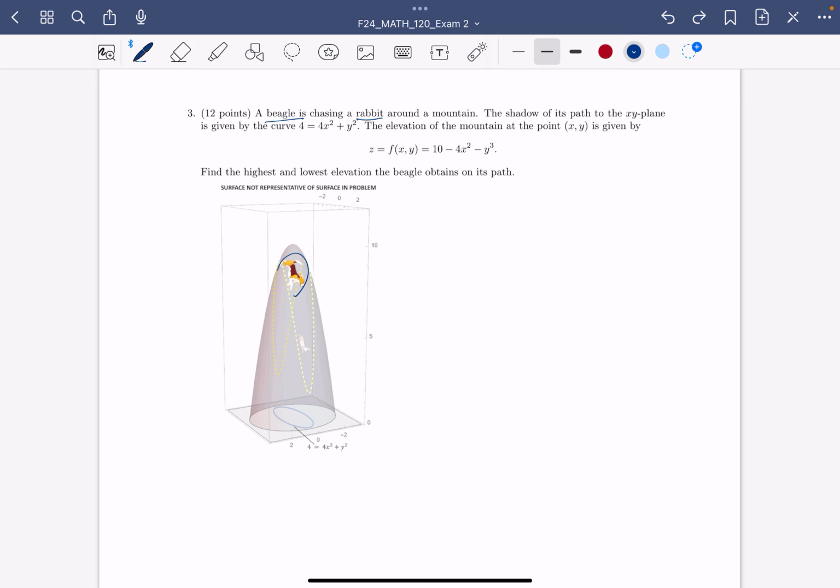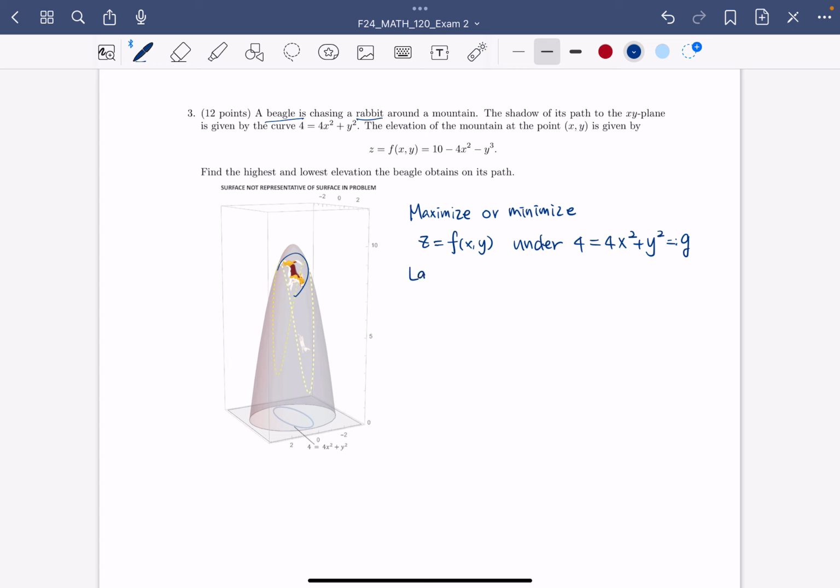So let's try to formulate this problem into something more doable. The question asks to maximize or minimize z equals f(x, y) under the restriction 4 equals 4x squared plus y squared, which we can let be g.